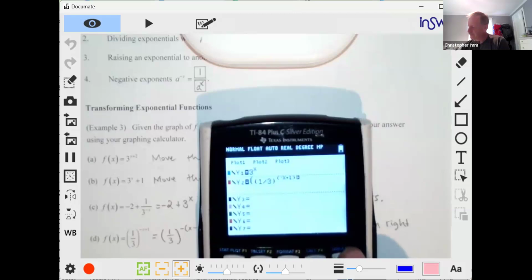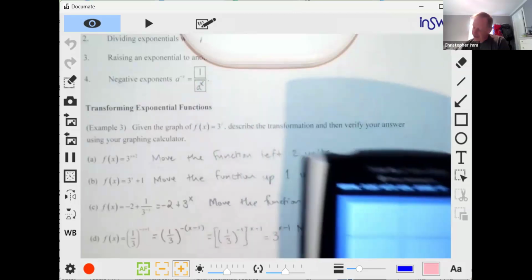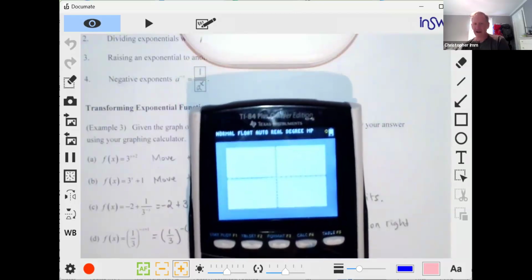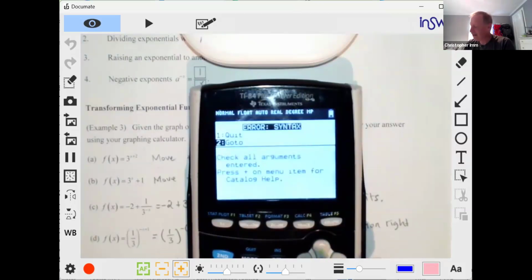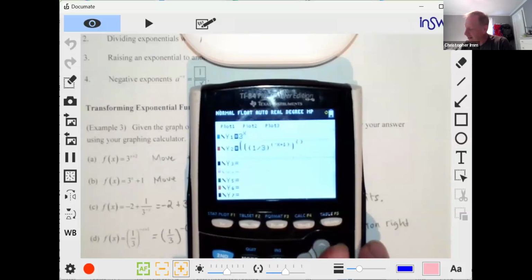Okay. What should happen here is we should move the function just to the right one. That's not going to change our domain at all, but it should move the function to the right one. So that red one should be to the right. Oops, it looks like I need to re-enter that. So I need to get rid of that, and I don't need these parentheses here.